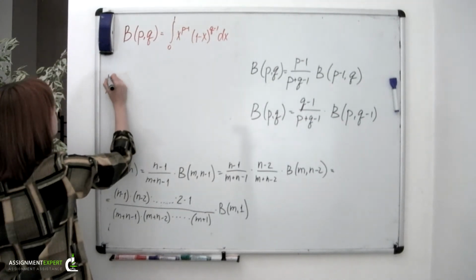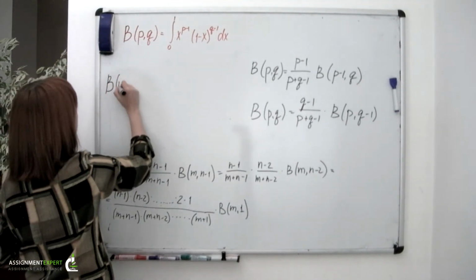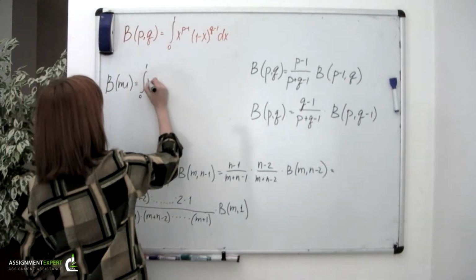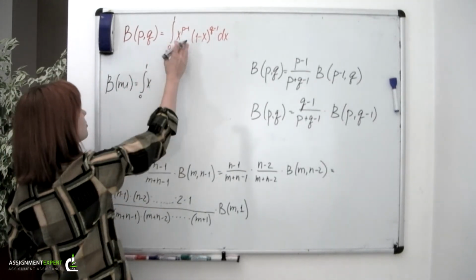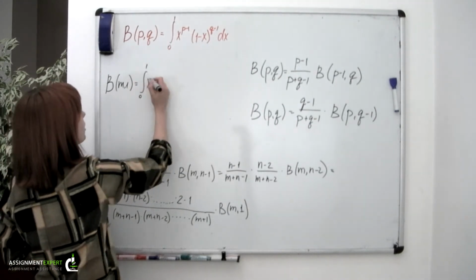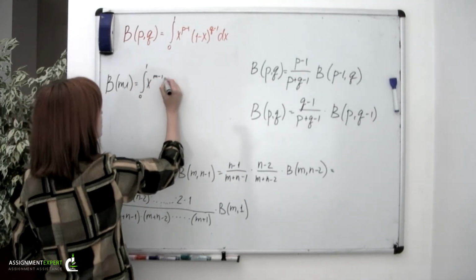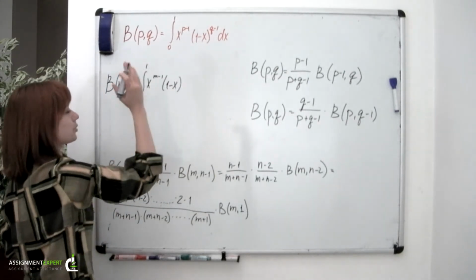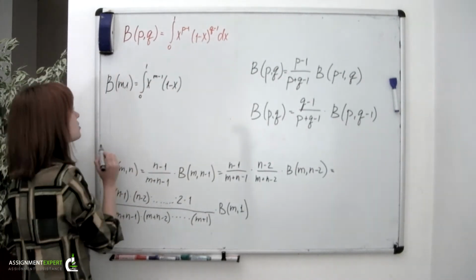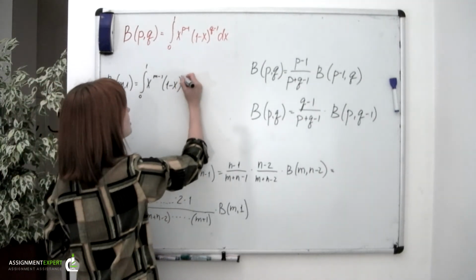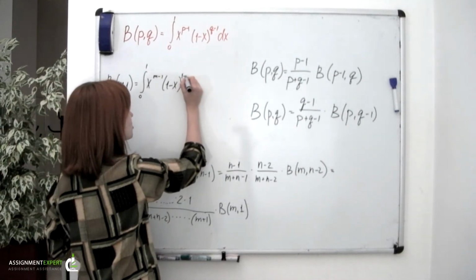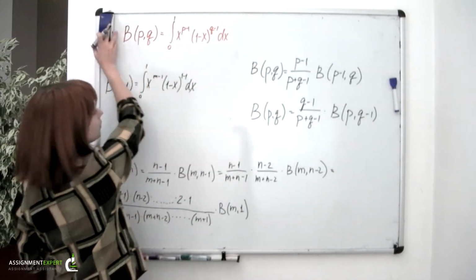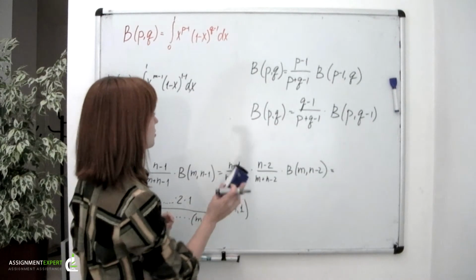Okay, so according to the formula, beta of m and 1 equals the integral from 0 to 1 of x to the p minus 1, but p equals m, so I have x to the m minus 1, times (1 minus x) to the q minus 1, but q equals n and n equals 1 in this particular case, so we have 1 minus x to the power of 1 minus 1, which is 0, dx.